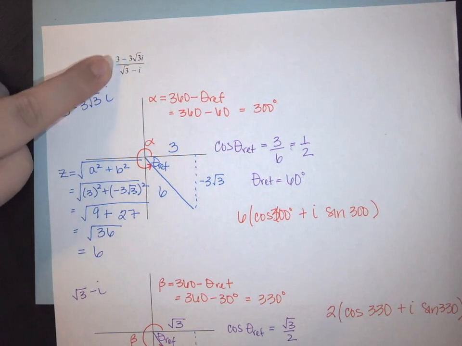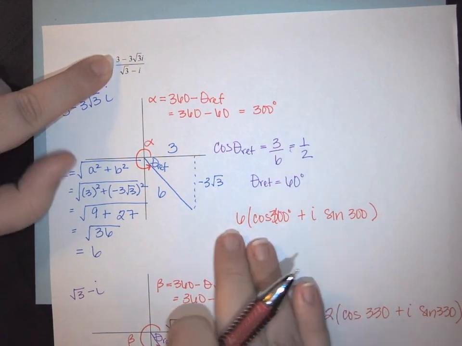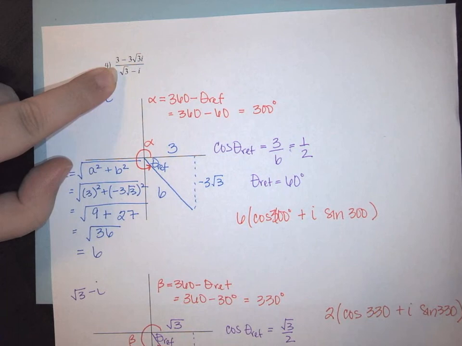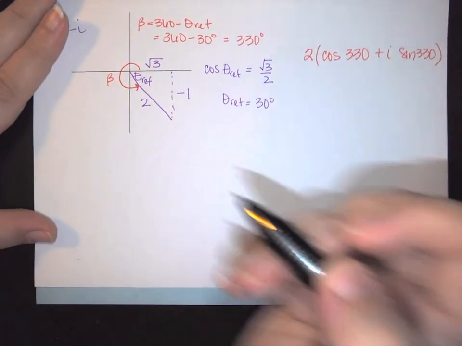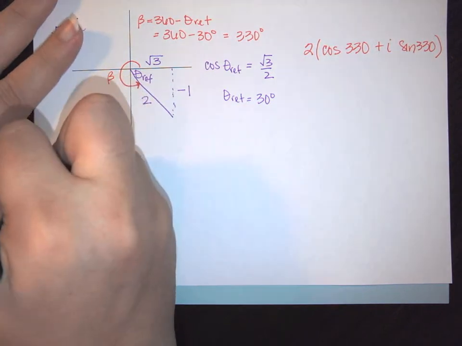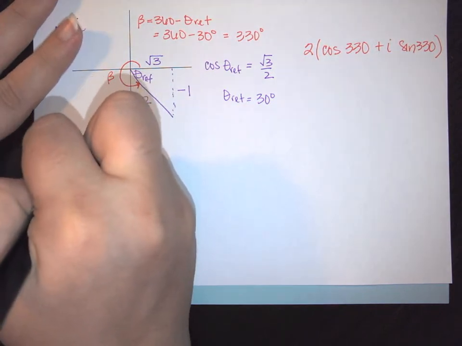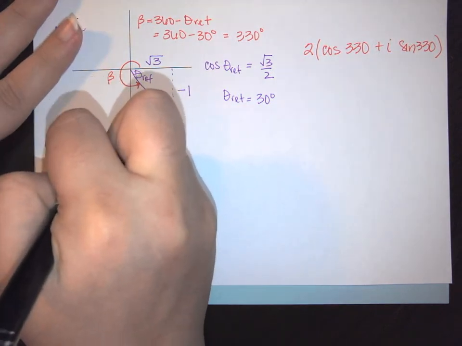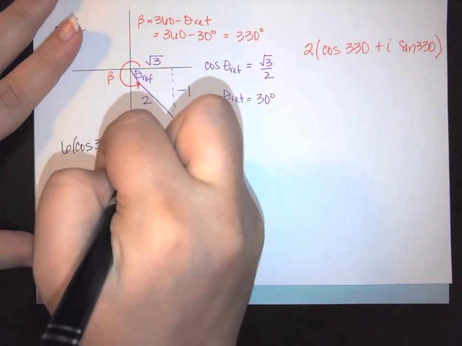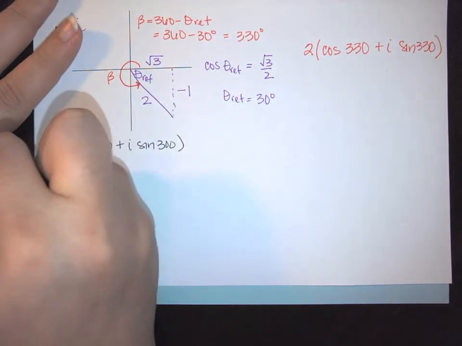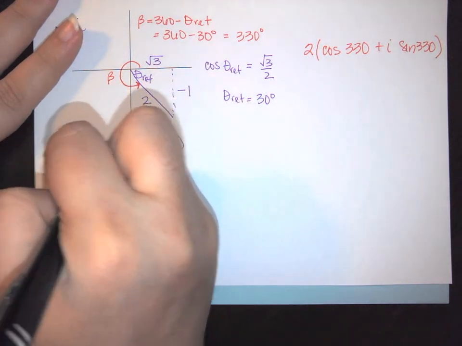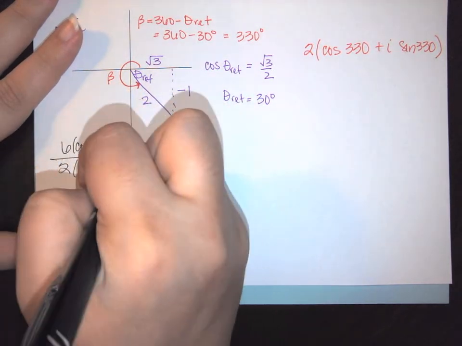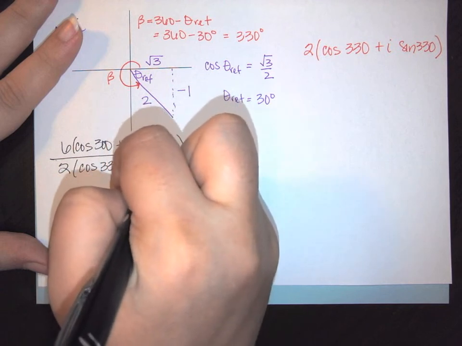Now, if we go back to the beginning, this is division. So I've got my top divided by the bottom, and I need to write that out here. We are going to start with 6 times the cosine of 300 plus i sine of 300, divided by 2 times the cosine of 330 plus i sine of 330.